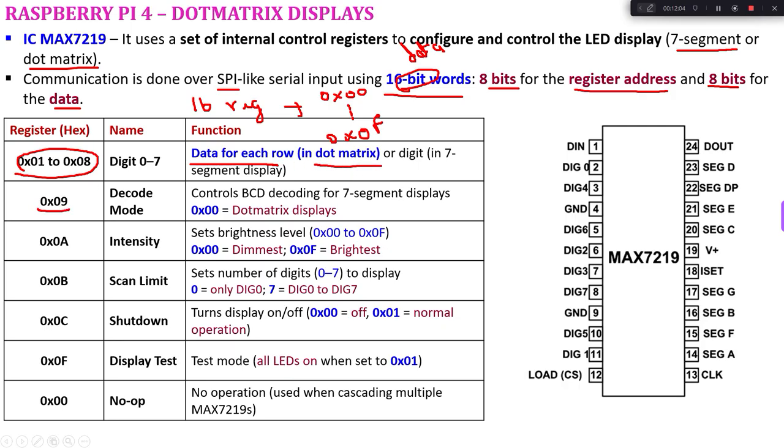The next address is 0x09, which is the decode mode. Decode mode is used only for the 7-segment display, so we will set this address to 0x00 for the dot matrix display.